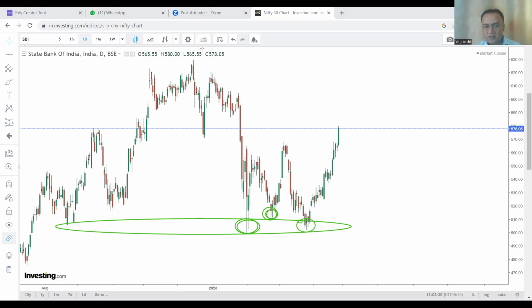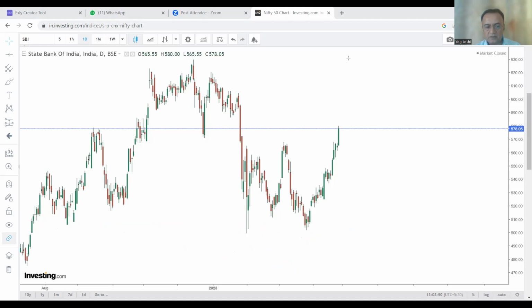So with the study of the historical data, we can say that these are the probable historical supports of this SBI chart on the daily chart. So it might take support from this level. So I'm just drawing a demand zone box.